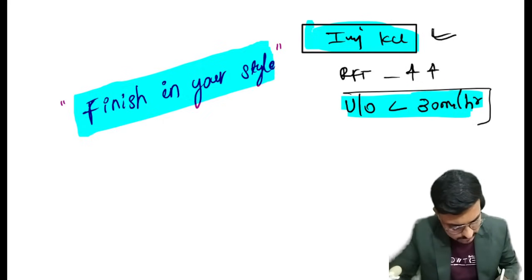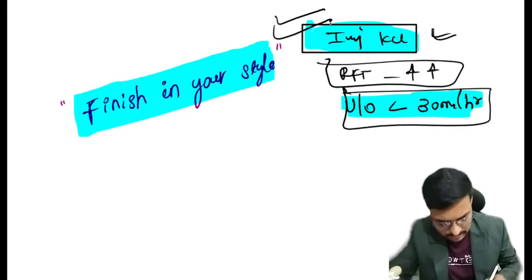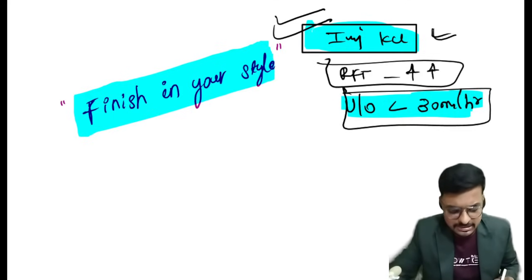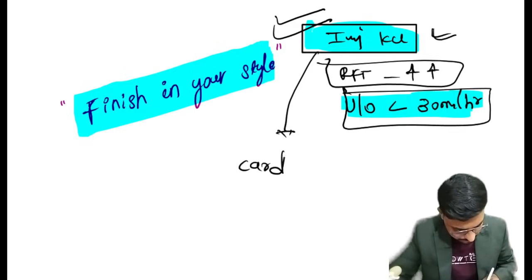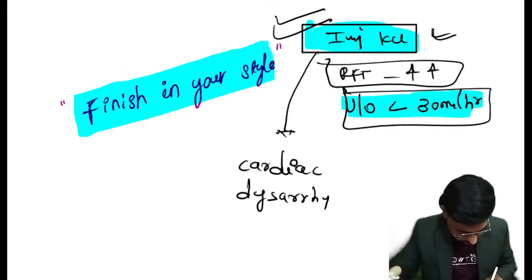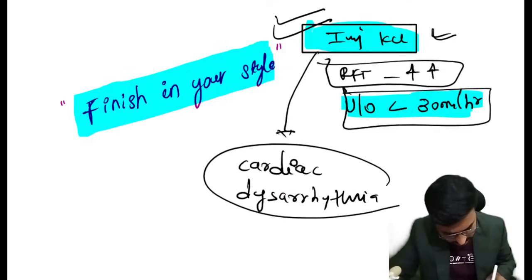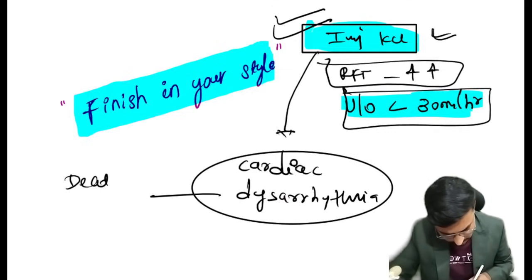If urine output is low or the kidney is damaged and you administer the KCL, it will accumulate in the body. Accumulating KCL will cause cardiac dysrhythmia, and the patient may end up in death.